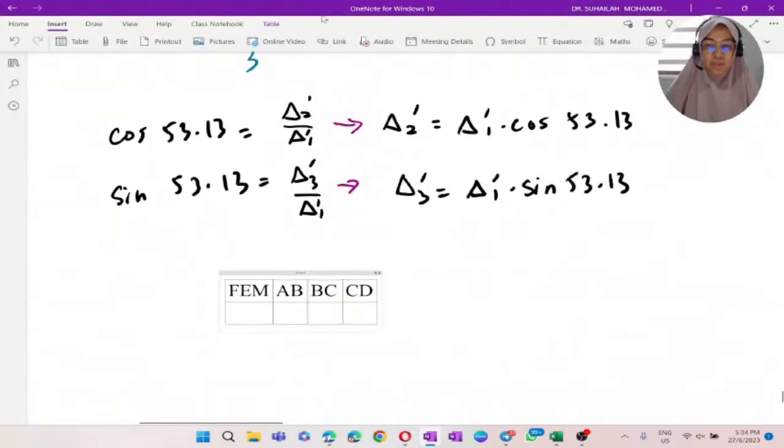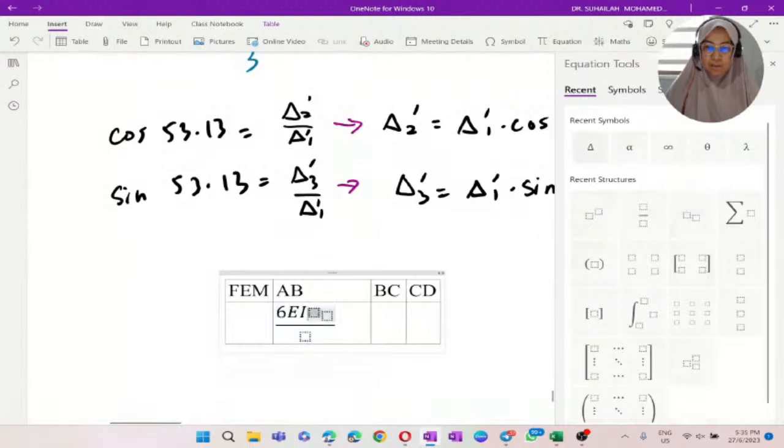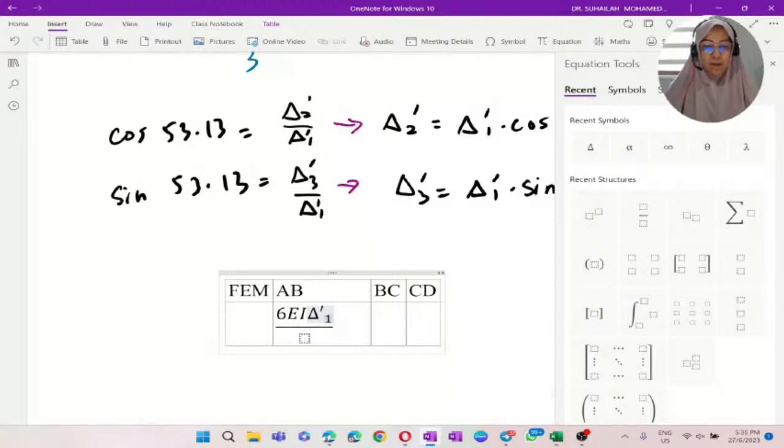The formula that we just wrote is 6EI delta. It is delta 1 for AB, and the member length of AB is 5.